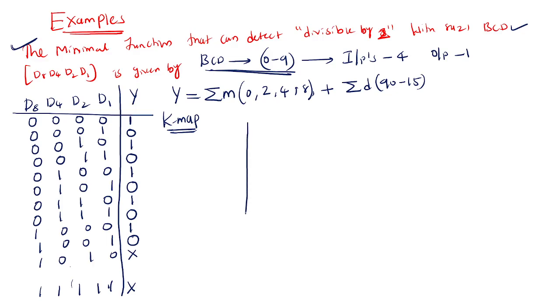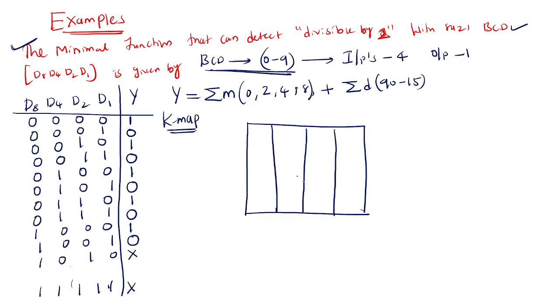So if I am drawing the K map, what are the inputs?